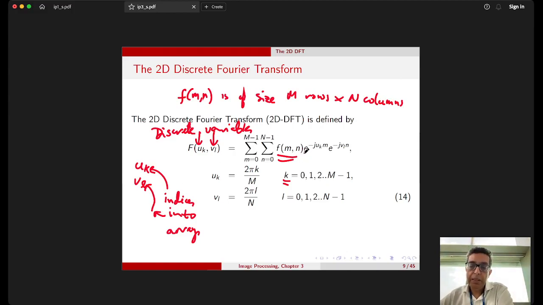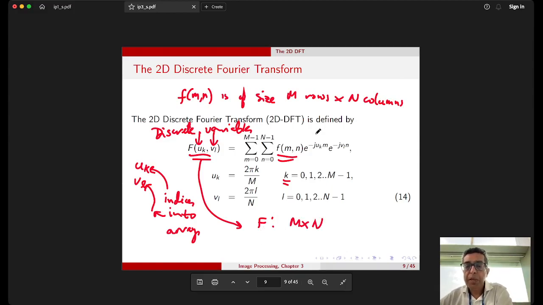And the result of the Fourier transform, because k and l take values from 0 up to M minus 1 and 0 up to N minus 1, the size of this thing is going to be the same in terms of array dimensions as the size of the original image. So F, capital F, is also of size m by n, but generally speaking, F will be complex valued.